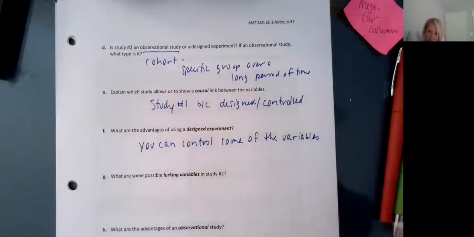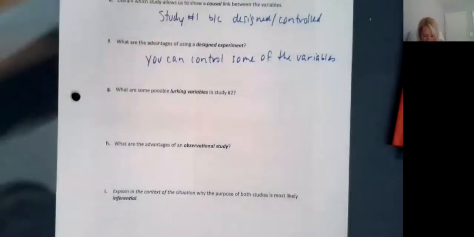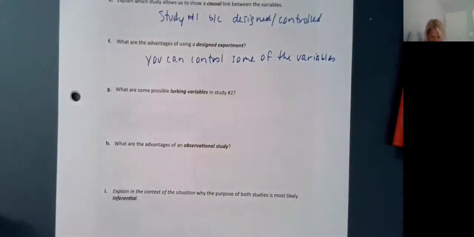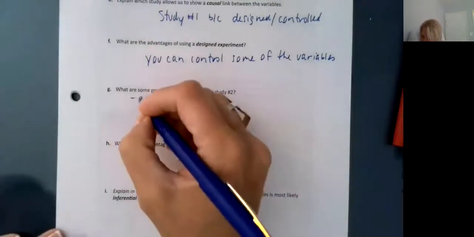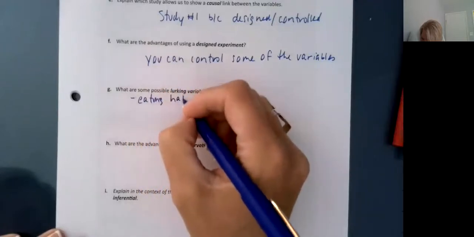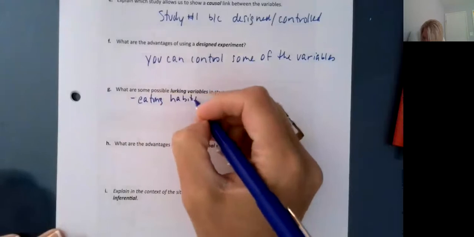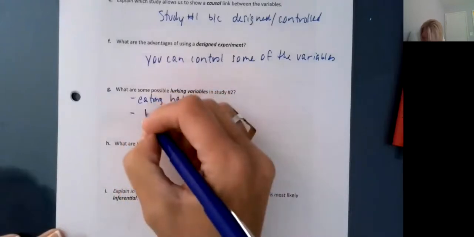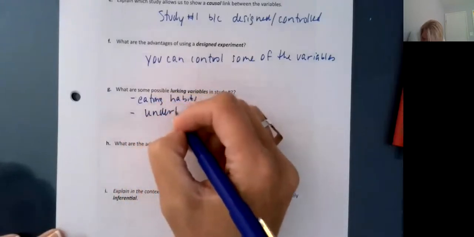Not always all of them, but what are some possible lurking variables in study 2? Okay, so the study that was an observational study. You don't know their eating habits. They didn't see anything about that, right? We don't know anything about their underlying health conditions.